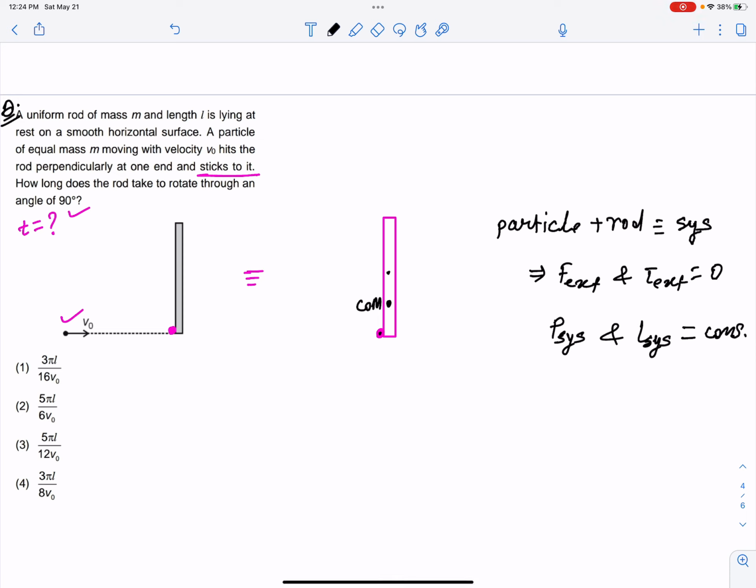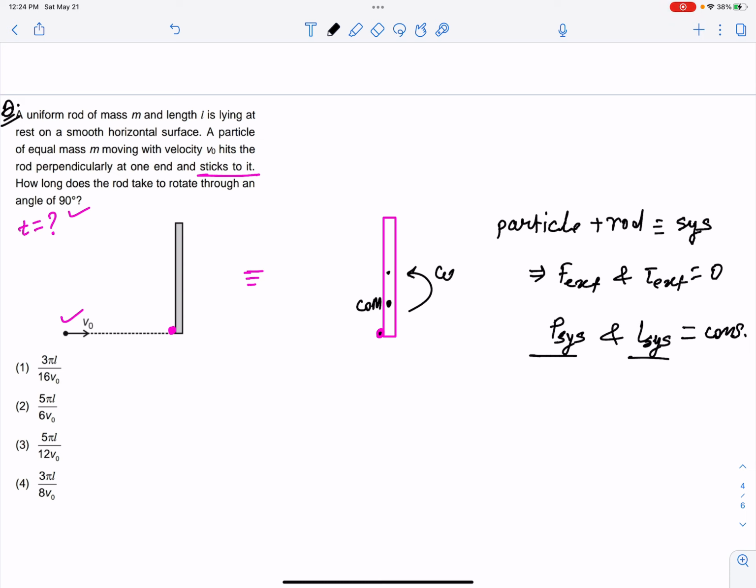Why do we need to conserve P system and L system? Because we need to find the time, so we need the angular speed of this rod. Angular speed is not of a point, it is defined by the whole body.